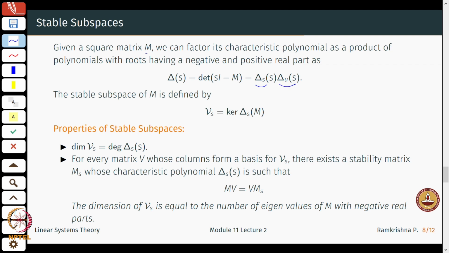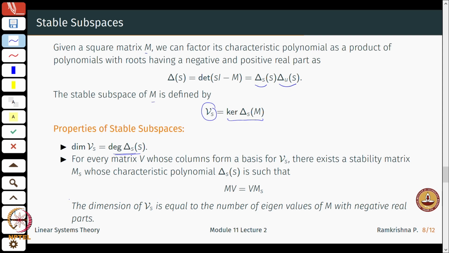I will call them the stable and unstable, or just S and U. Something that is easily observed is that the stable subspace of M is just the kernel of delta_S of M. So, this is also easy. What is easy to check here is that the dimension of this is also the degree of delta_S of S, or the stable subspace.